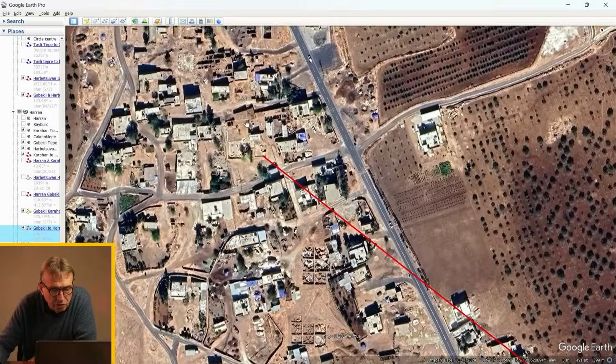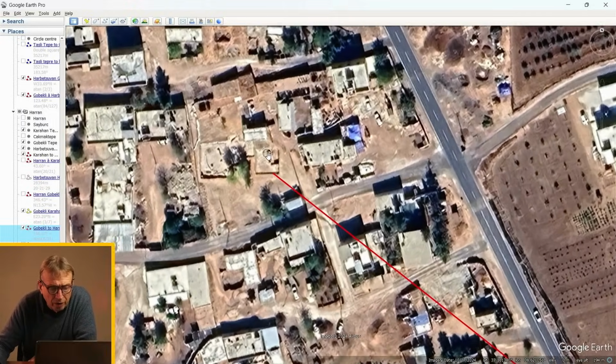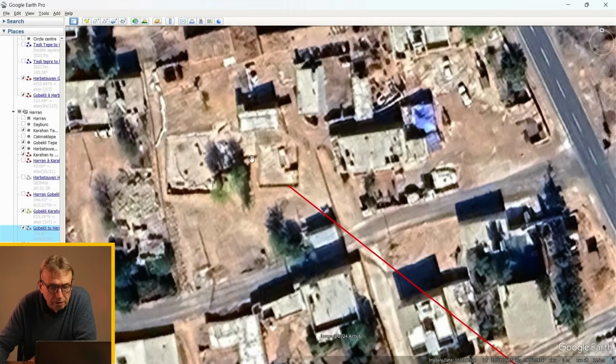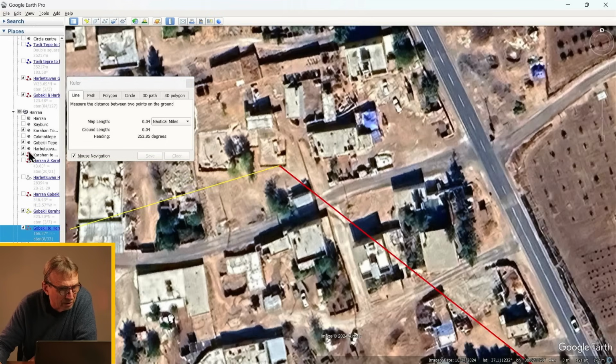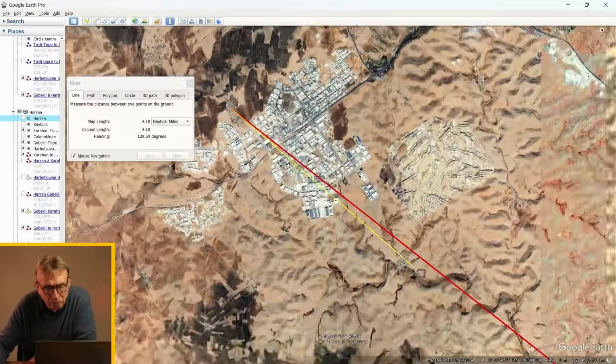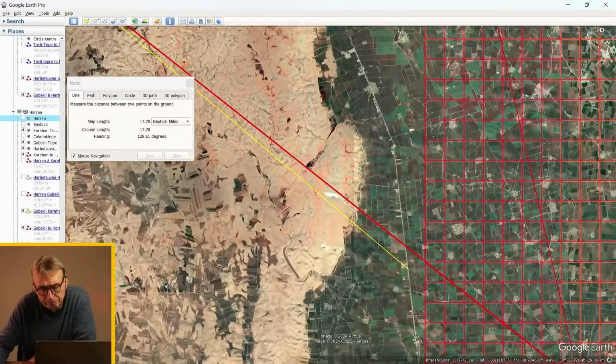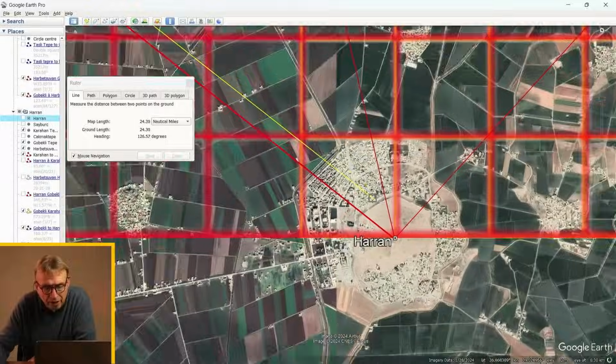And I'll zoom into the exact spot where I showed you that there were the excavations. That's the square where they were doing the excavations that we saw in the photos. Okay, so I'm going to go from this exact spot where the excavations were taking place, and we're going to zoom right down to the center of Harran.